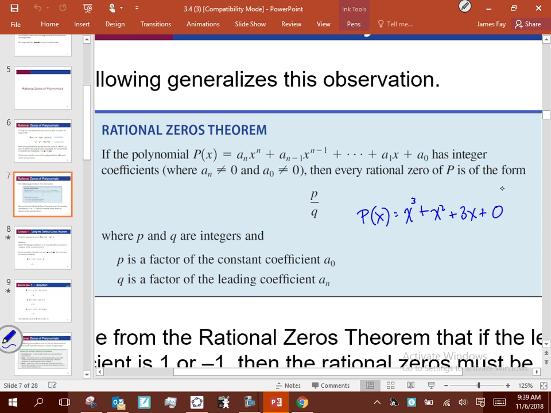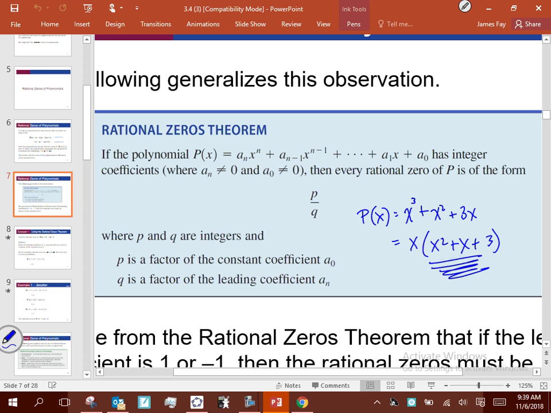But what do you see that can come out of every one of those terms in p of x right now? X. So now I have x squared plus 1x plus 3. Now, that's the p of x that you would use the rational zeros theorem with. Does that make sense? Because that has a constant of 3, a non-zero constant. So you can pull that GCF.